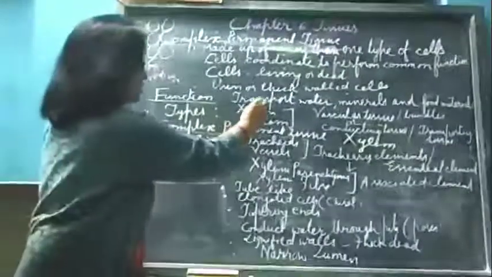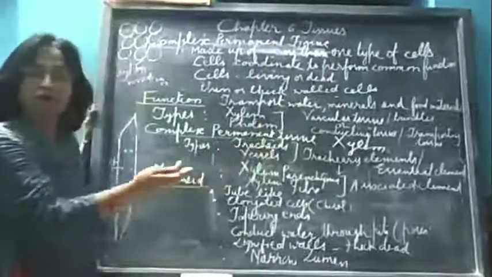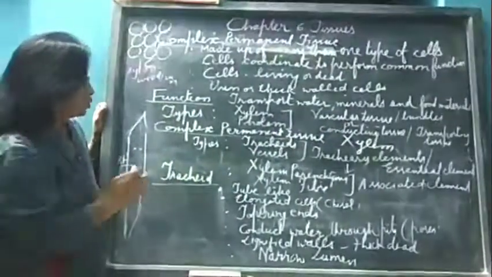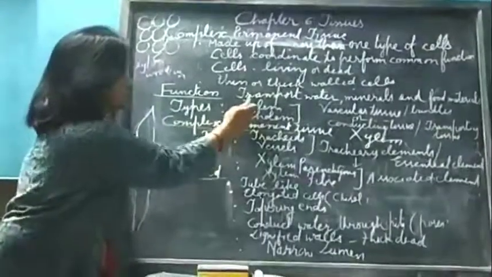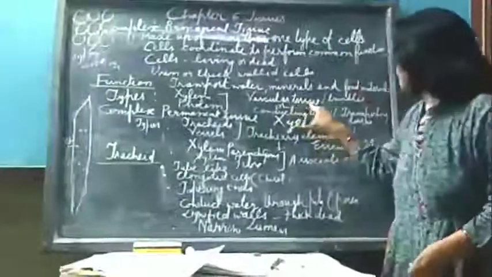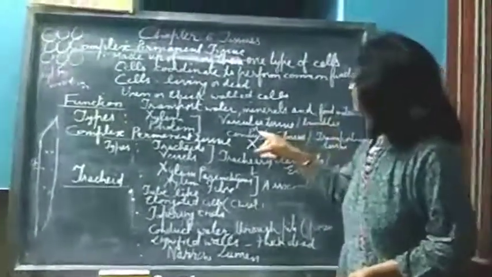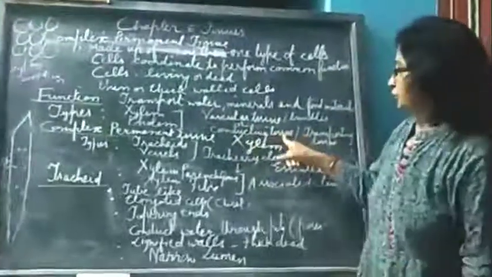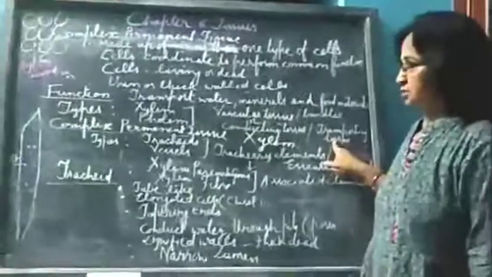If they transport water and minerals, they are called xylem, and if food material, they are called phloem. So there are 2 types on the basis of their function, xylem and phloem. They are also called vascular tissues, or we can say in bundles. They are also called conducting tissue or transporting tissue.